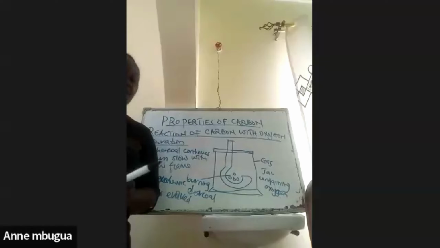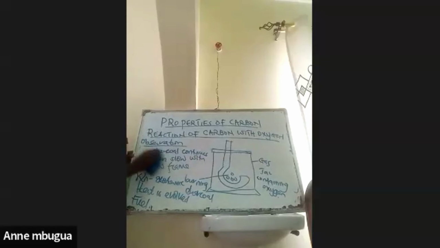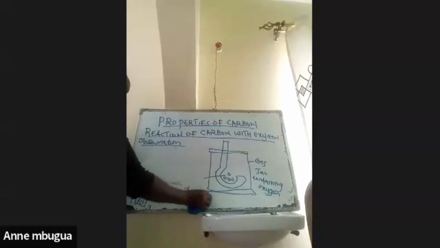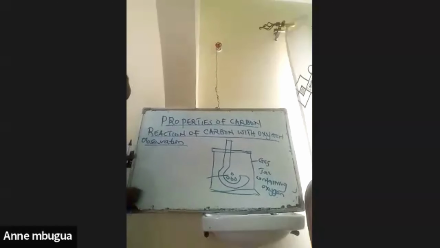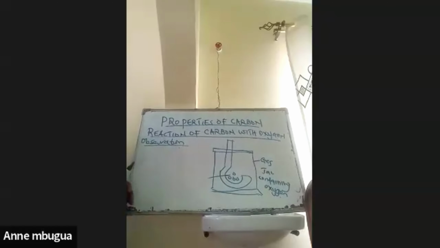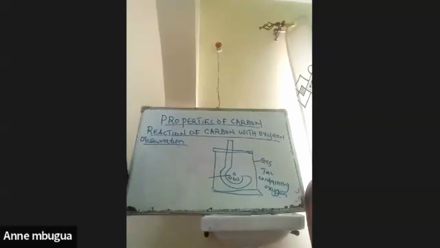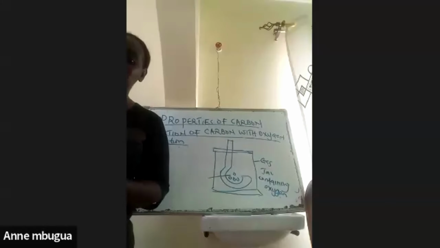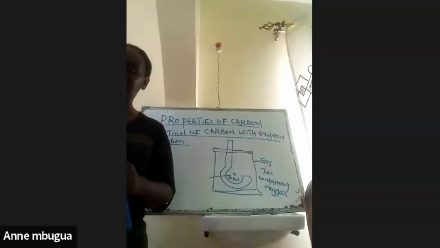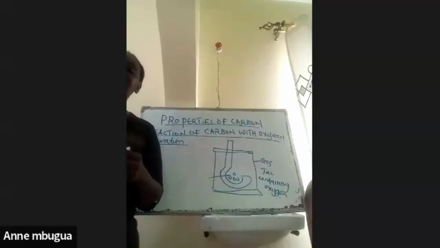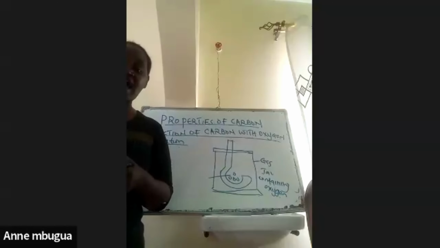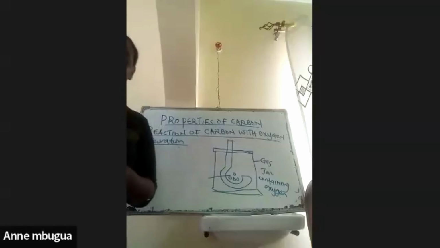The other observation that will be made on transferring the hot charcoal into the jar containing the oxygen is that the amount of charcoal gradually decreases, and finally, a small amount of ash is left.